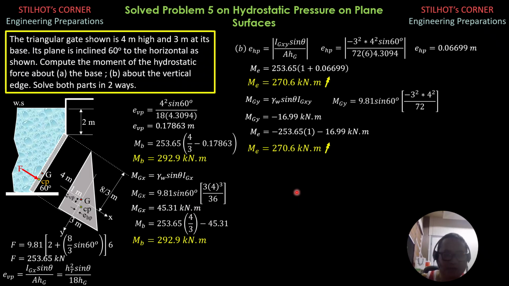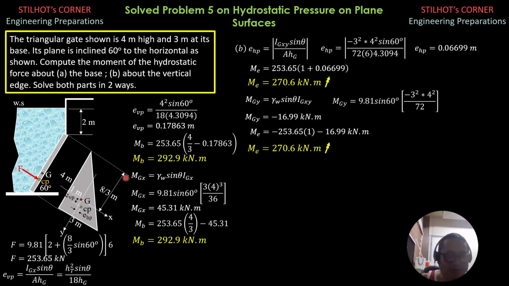Another way is the easier way, so that you don't worry about the value of IGXY for the plane area for different orientation. You don't need to memorize or derive the formulas.